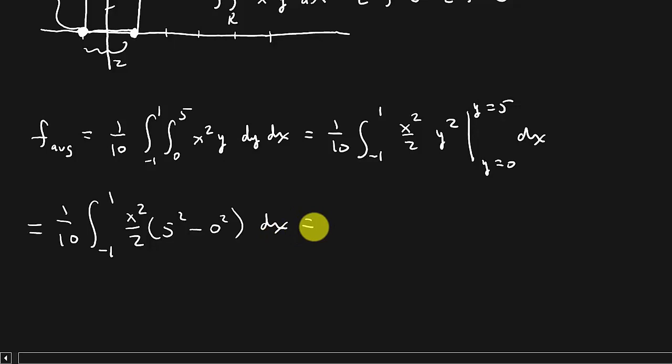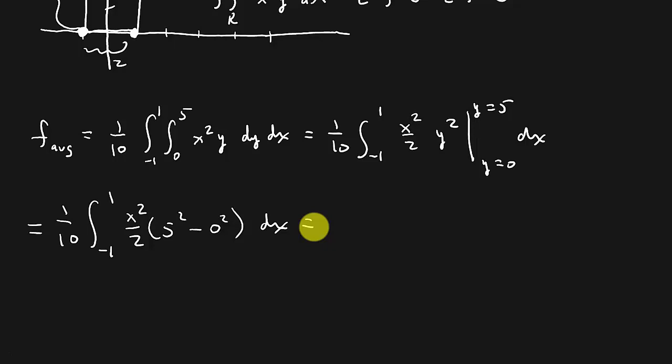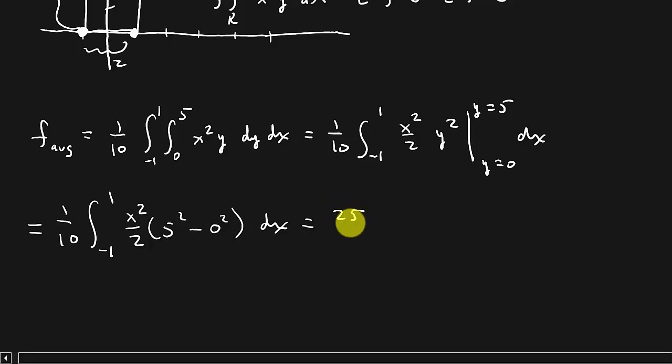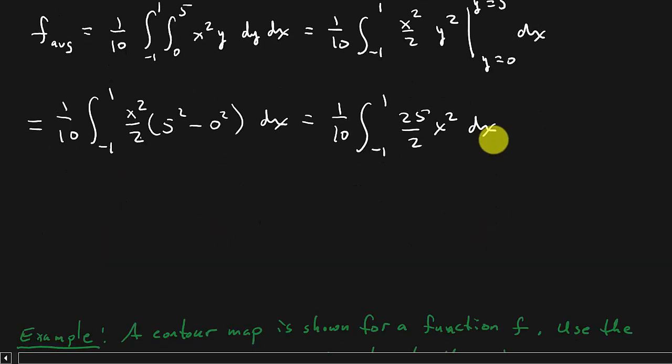And that is 25 over 2. So that's 1/10 from -1 to 1 of 25 over 2 x squared dx.